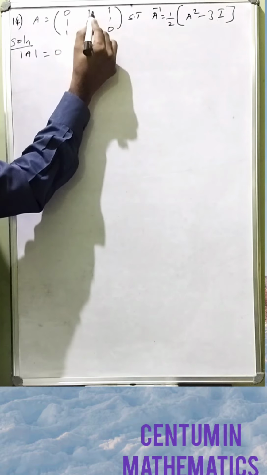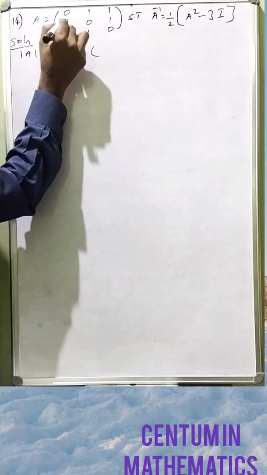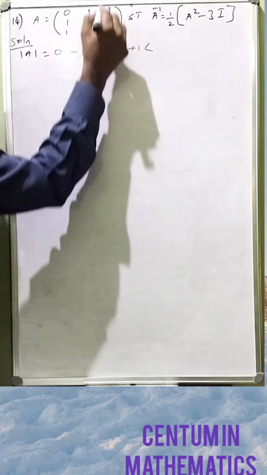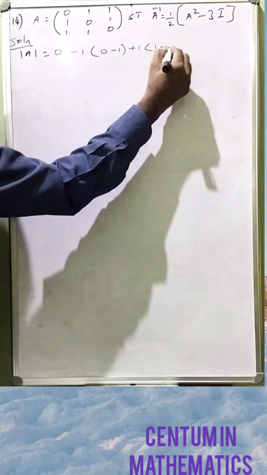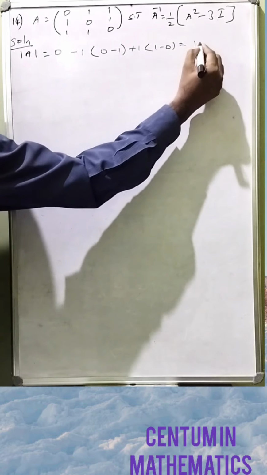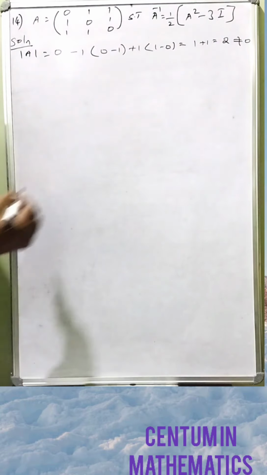Then first one leave it, the remaining here plus minus 1 into 0 minus 1, plus 1 into 1 minus 0, so we get 1 plus 1 equals 2, not equal to 0. So A inverse exists.